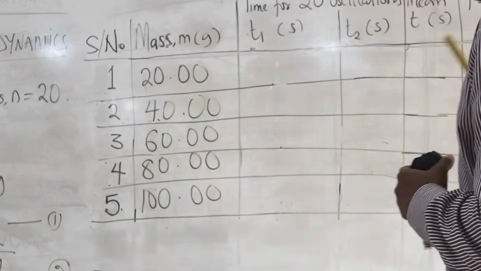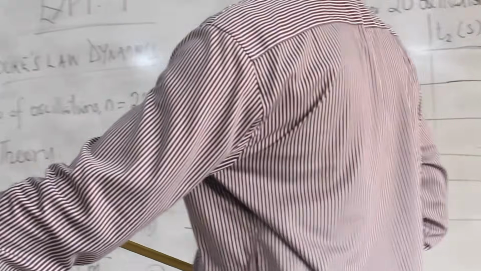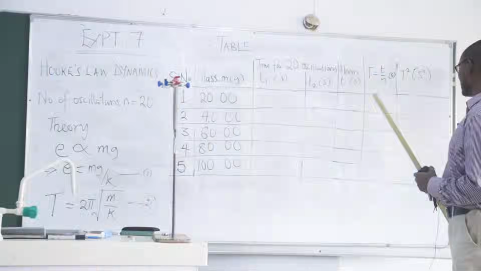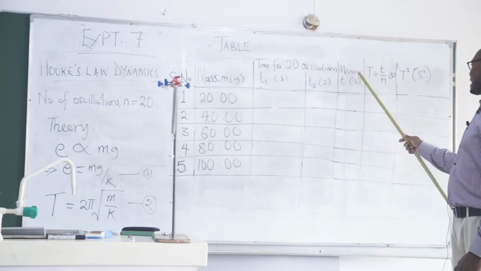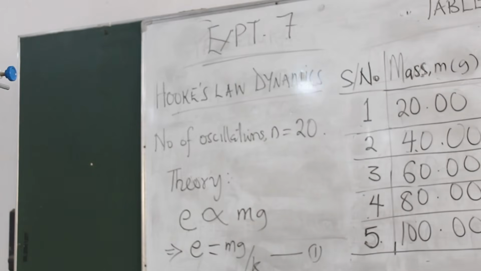Now, we have stated here that the number of oscillations we are going to allow this spring to go is just 20. So to get the period from equation 2, our period is going to be the mean time divided by the number of oscillations. So whatever mean you get here, if you divide by the number of oscillations, you will have the period that corresponds to each of these masses.